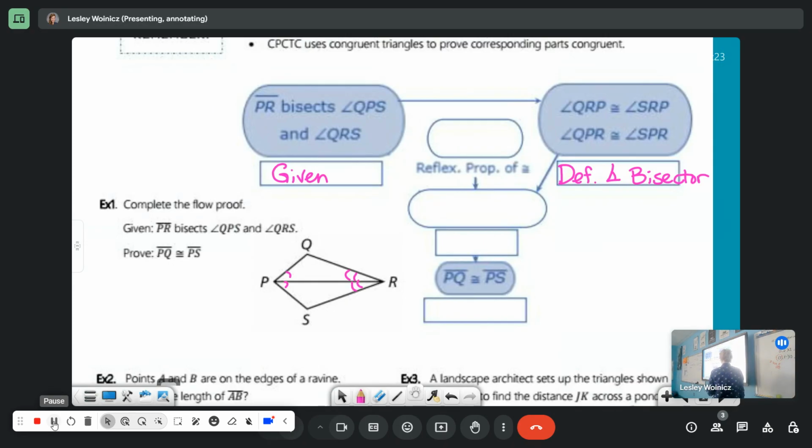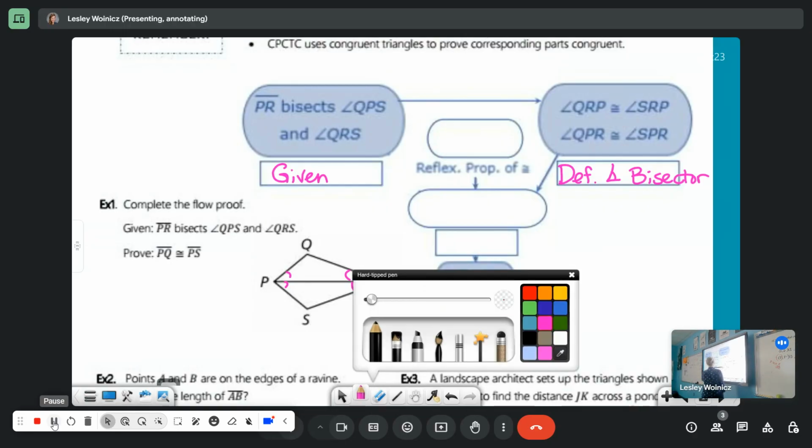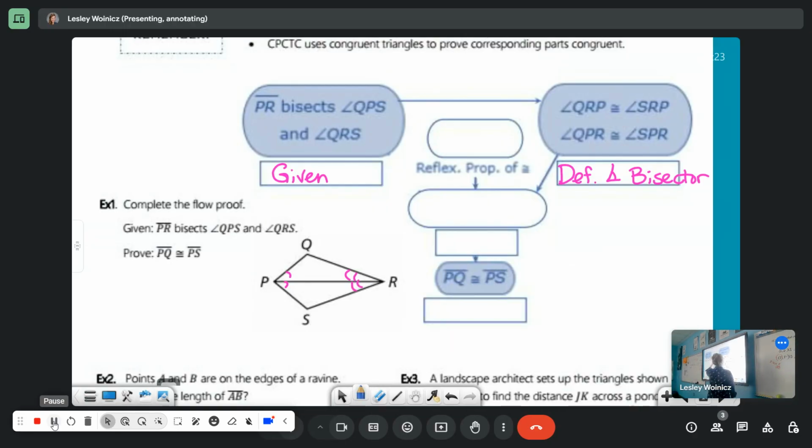So what can I deduce using the reflexive property of congruence? Make sure you see that it's going to go P, Q, R, and back to P. Do I need to change the order?